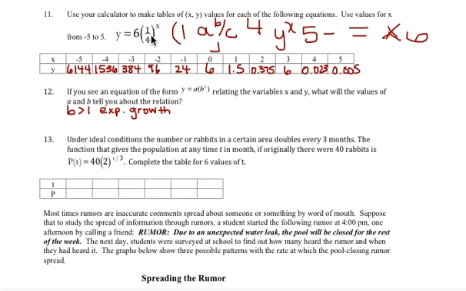And if b is between 0 and 1, then instead of a growth, it's going to get smaller and smaller like some of our other graphs did. And this is referred to as exponential decay. And then your a is known as your start value.